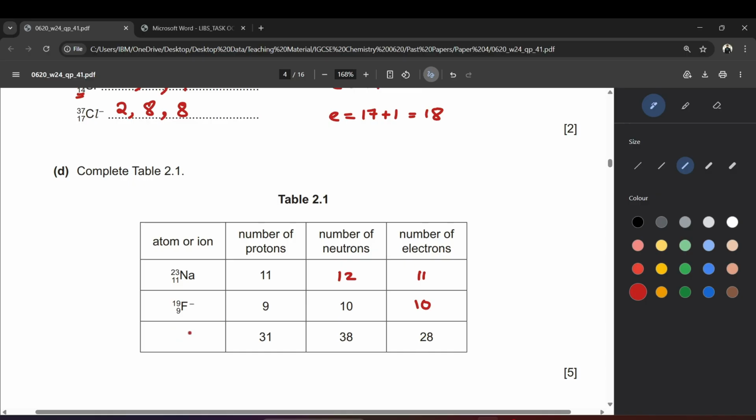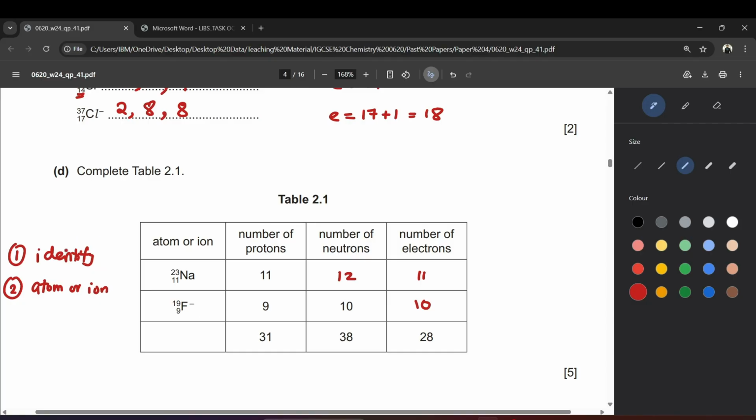Now, over here, you need to identify what element this is and whether this is an atom or an ion. So there are two things. First, identify the element. Then in the second step, we will identify whether this is an atom or an ion. So we'll come back to this later.